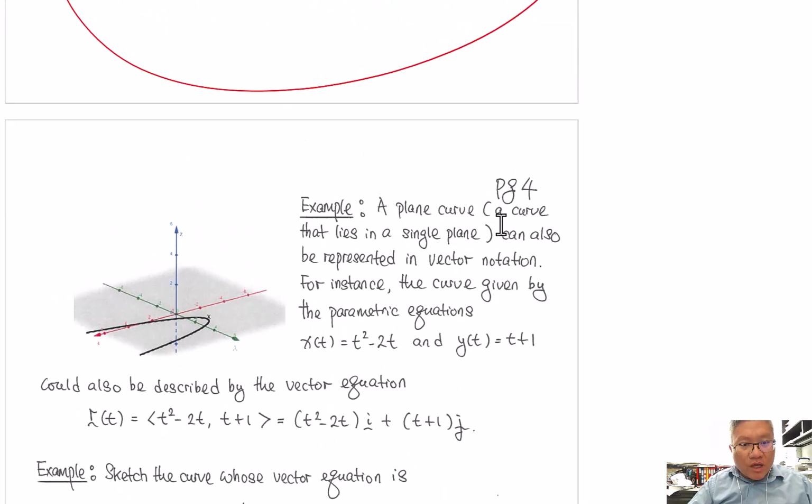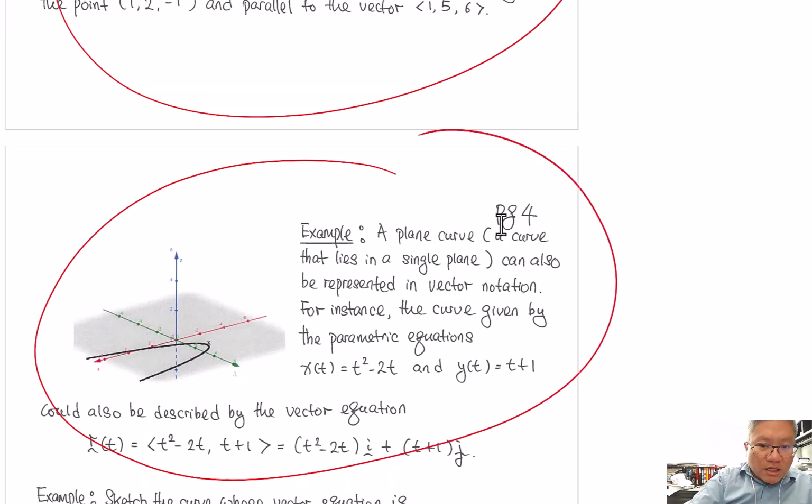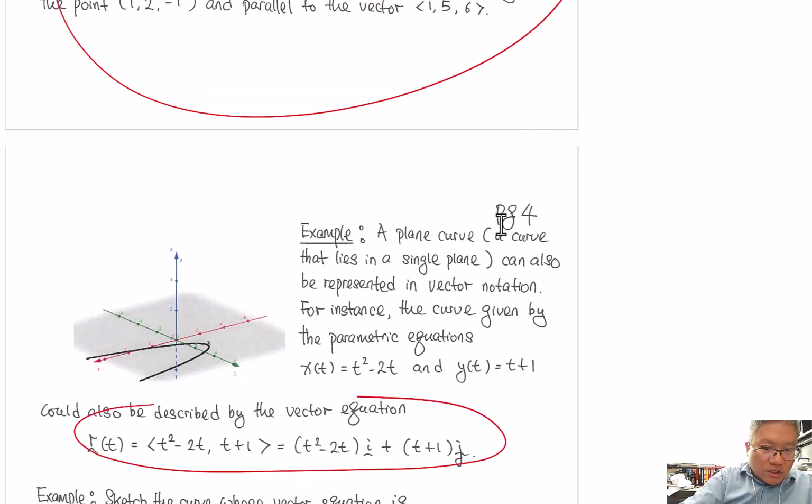When you have an equation like this that has only i and j components, you know that the space curve is always on a plane where the k component is 0, right? So there's no k component. This is plus 0k. That means that this space curve is going to be on the xy plane.